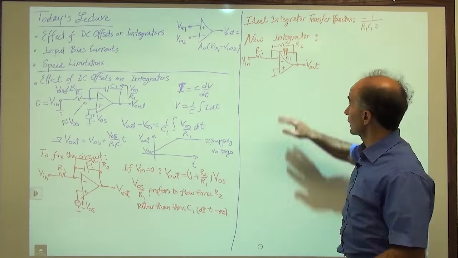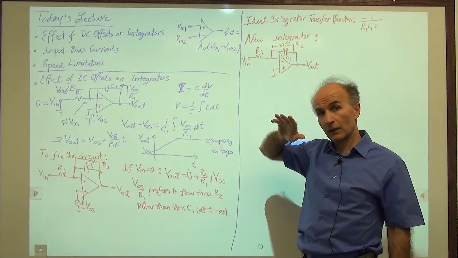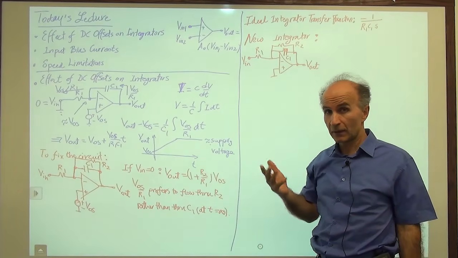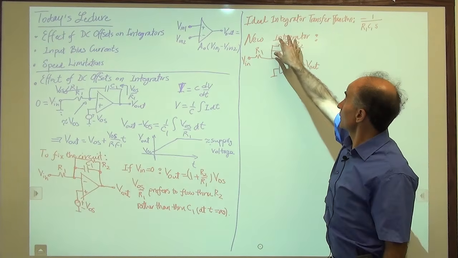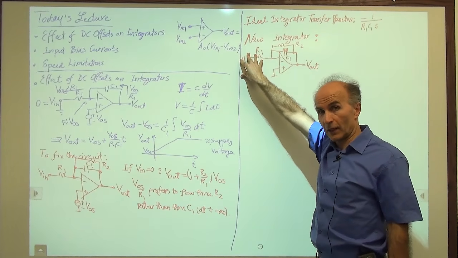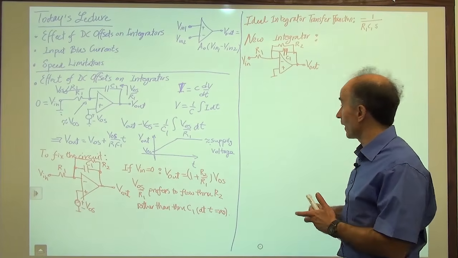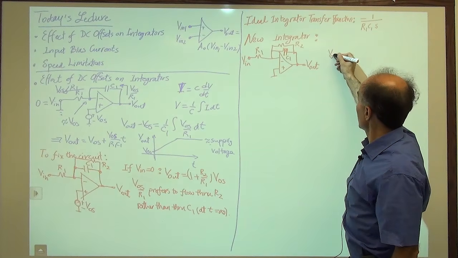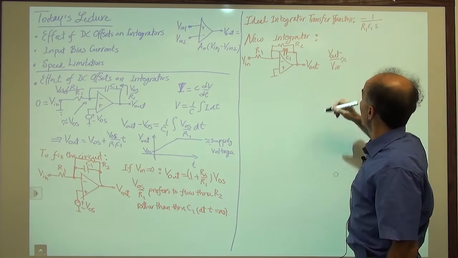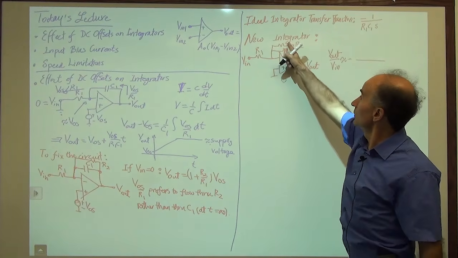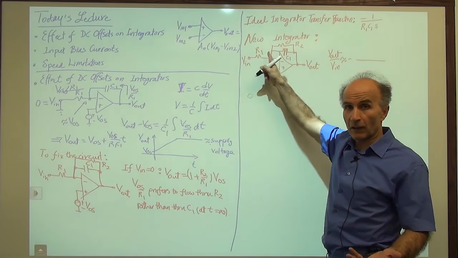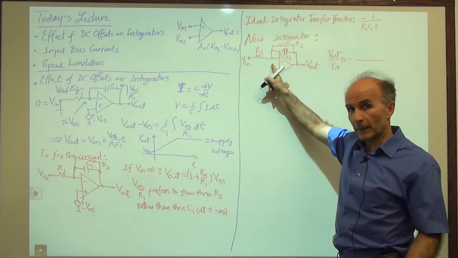And indeed, this circuit resembles the general circuit I showed you last time. We called it the general inverting circuit, where this was called Z2, what goes from the output to the input, and this was called Z1. And we saw that V out over V in, if the gain of the op amp is high, is approximately equal to minus Z2 over Z1. So we just have to find the impedance of a resistor in parallel with a capacitor.